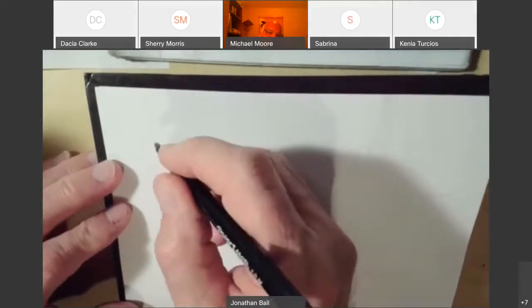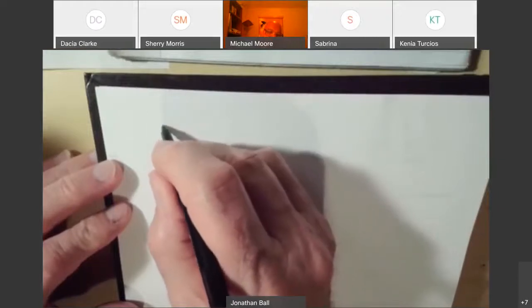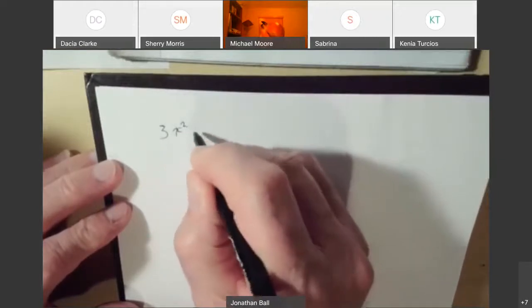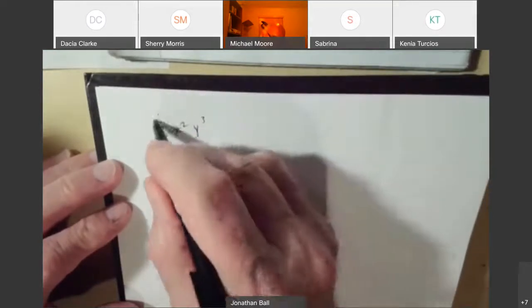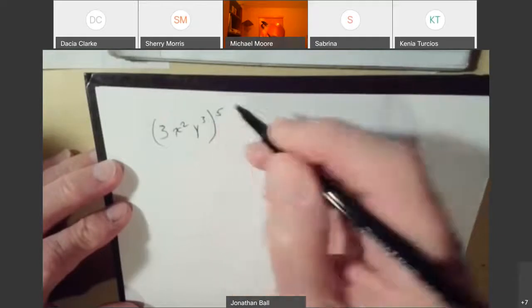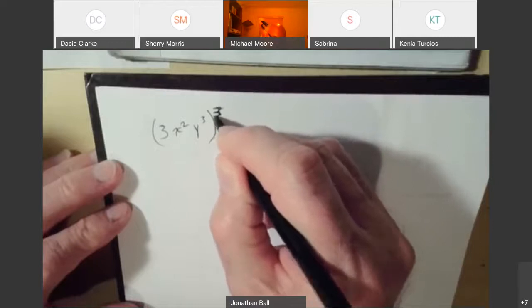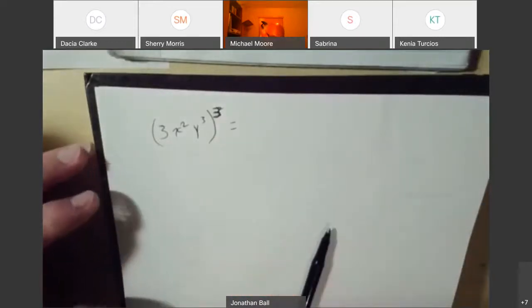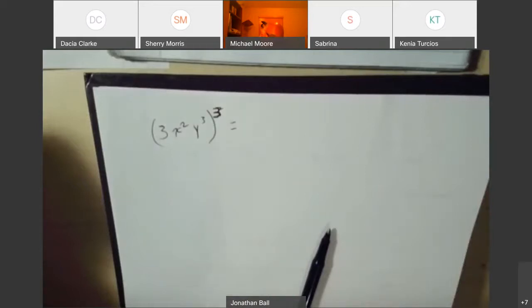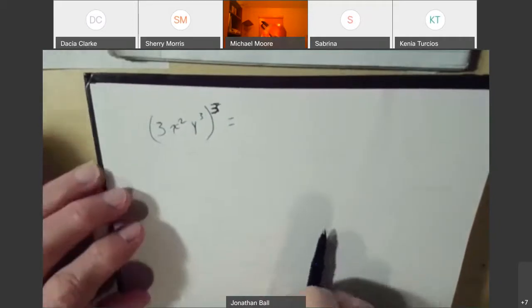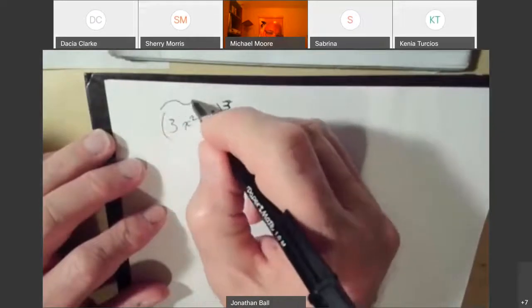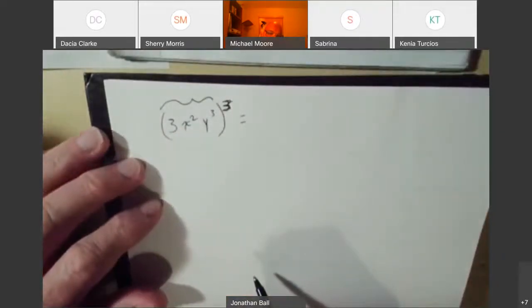So what if we have 3x squared y cubed all raised to the, let's make it the third power, so I can deal with it without using a calculator. Oh, that's good. And remember, we're going to multiply this whole thing times itself 3 times.